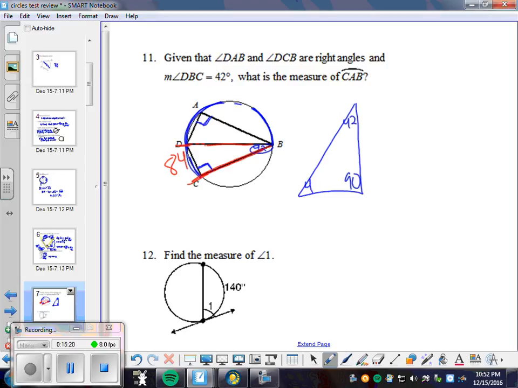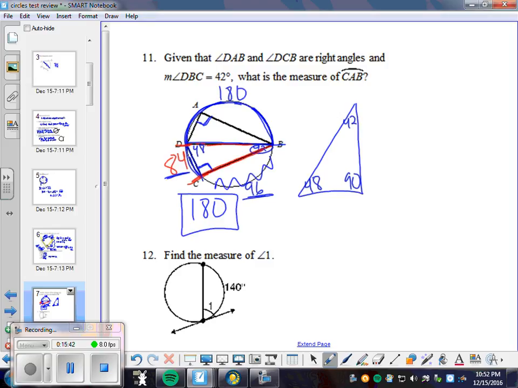So that left me with 48 here. So this angle is 48. So now, if I take and double that to get the arc, 48 times 2 is 96. When you add 96 and 84, you get 180. Okay? So if this side is 180, then I'm left with 180 over here.